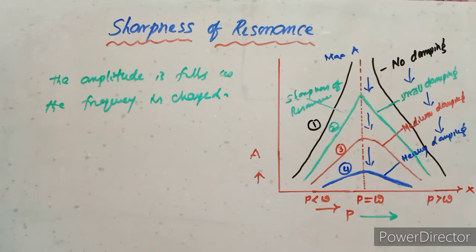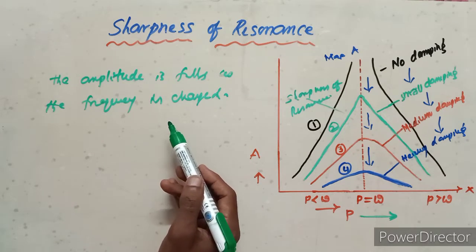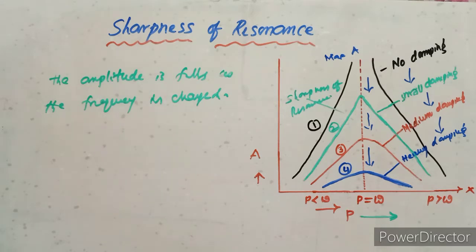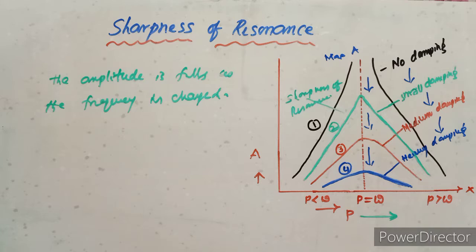Okay, this relation is called the sharpness of resonance.